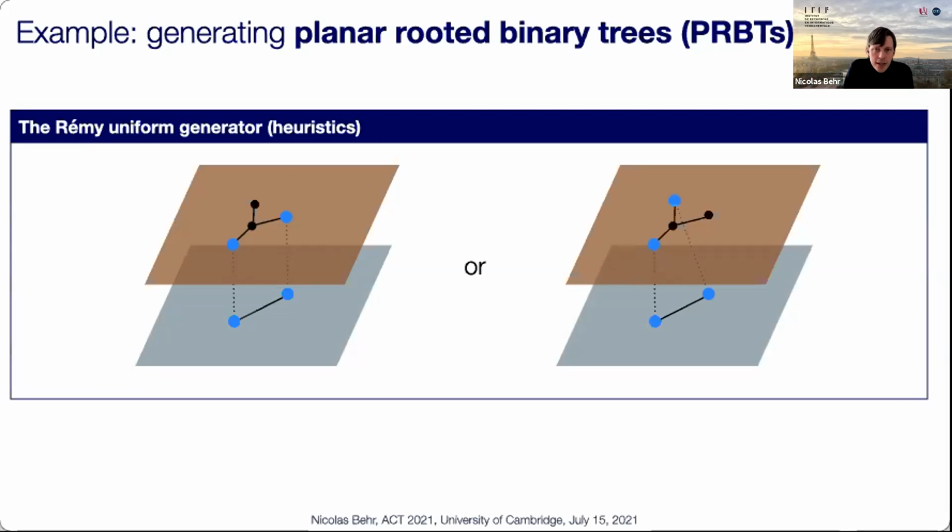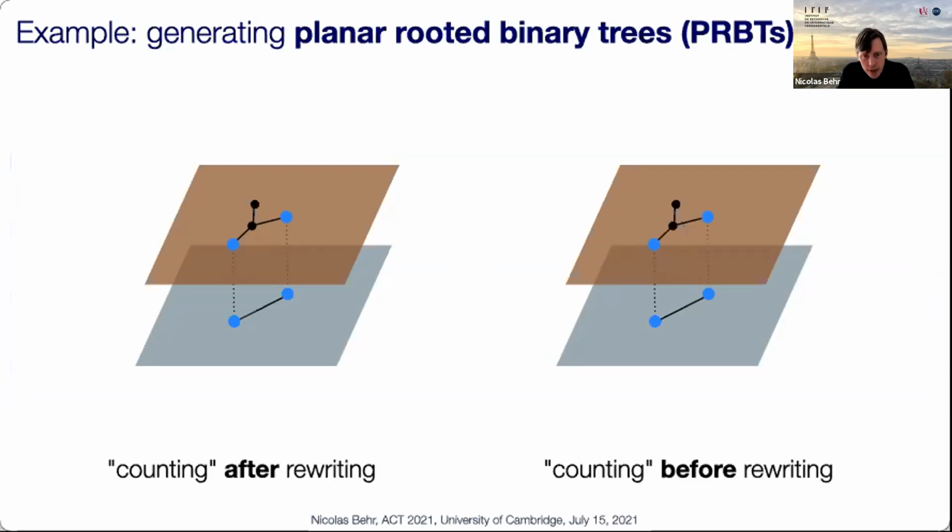But there's this ingenious idea to randomly sample by simply applying this generator 100 times, where in each step you pick an edge and delete it, but you keep the endpoints, and then you insert this Y shape, either in the left or right fashion. You do this 100 times, in each step choosing at random an edge and which side to go. And this is guaranteed to give you a uniform sample from the set of all planar rooted binary trees. So that's the Rémy generator.